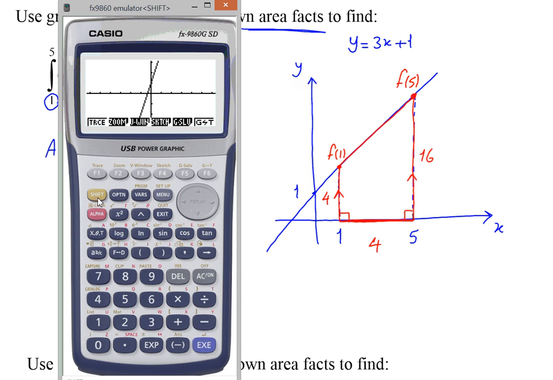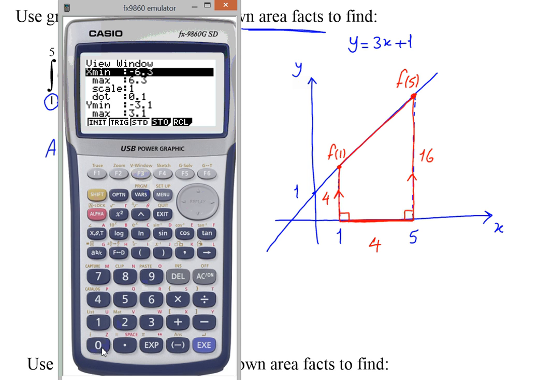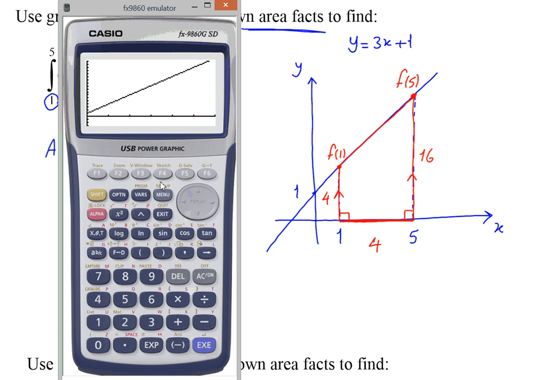So I'm going to go shift view window from, let's say, 0 to 6, and from -3 to, I need something above 16, so maybe 17 or 18. So this is the graph of the function.